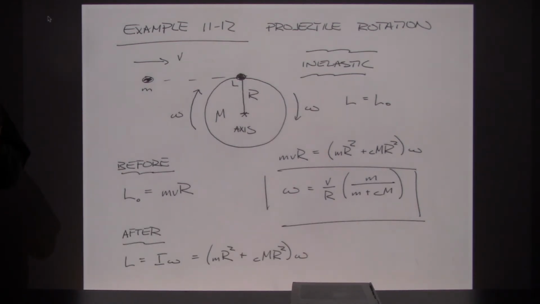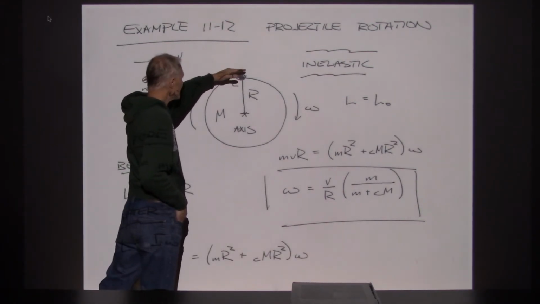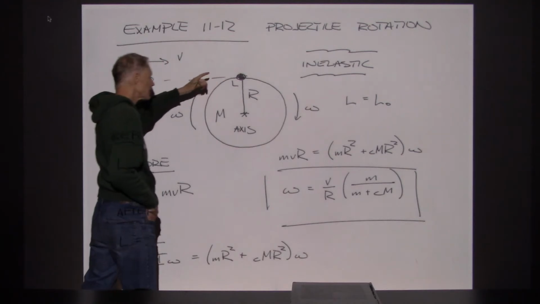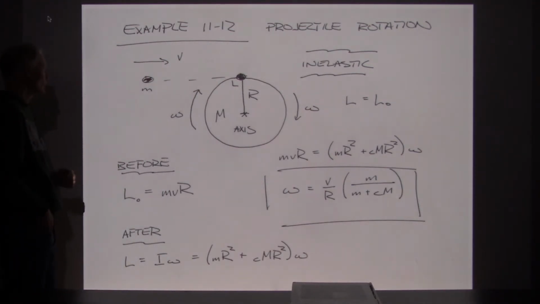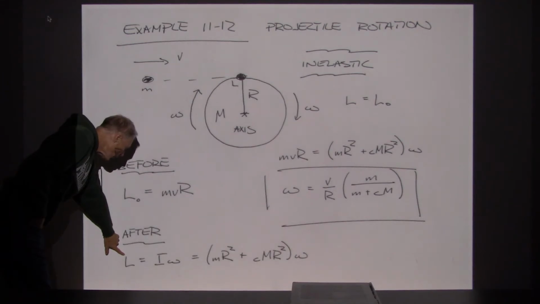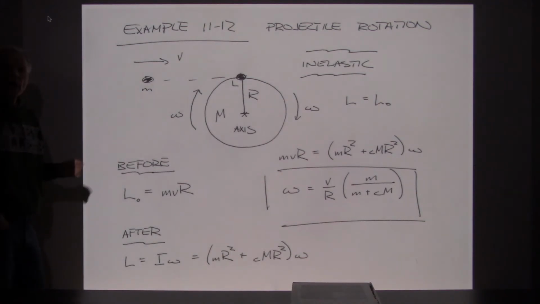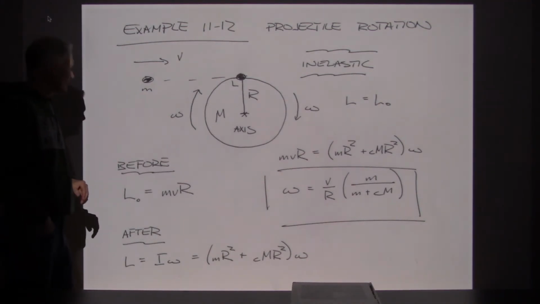That's the amount of angular momentum we have to start with. Now, after this collides and sticks to this rotating cylinder, sphere, whatever shape, the angular momentum is going to be the same, and it can be written as I omega.